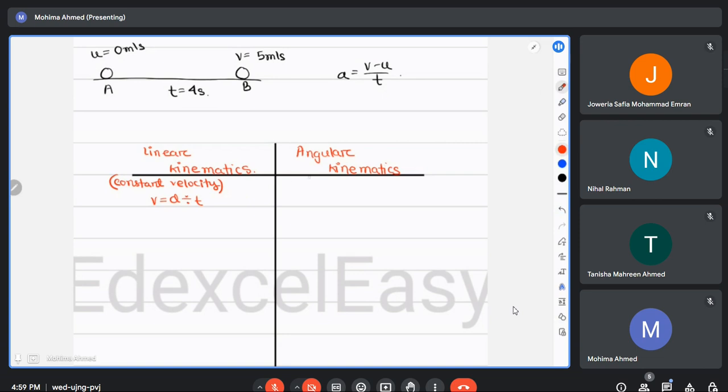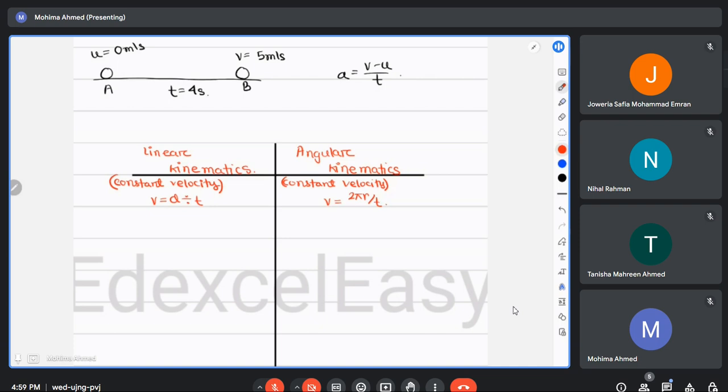Now in angular kinematics, for again the same assumption, constant velocity, the equation that we're going to use now is v equals 2 pi r over t.